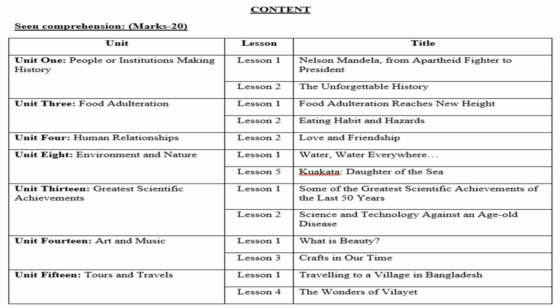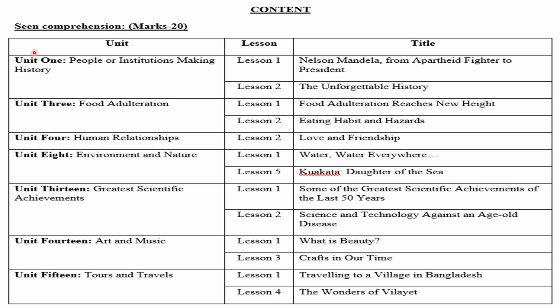Now we are going to discuss contents, which means topics. Here we'll discuss the seen comprehension, and in brackets we can see marks: total marks 20.